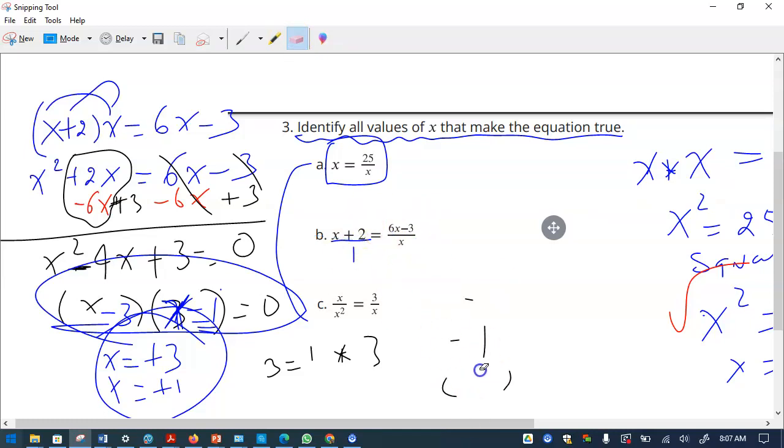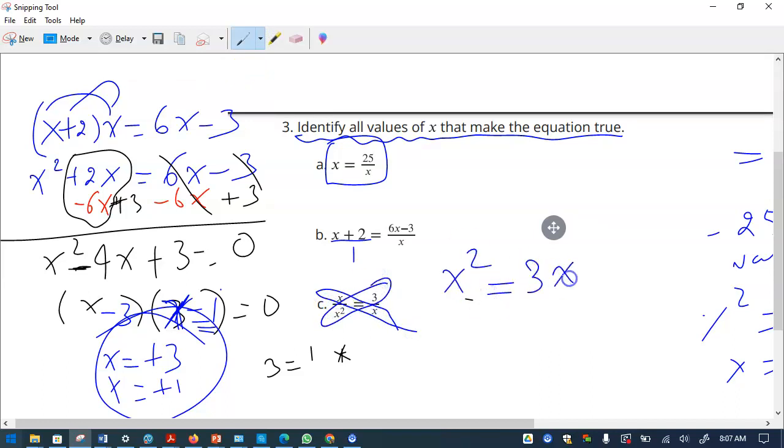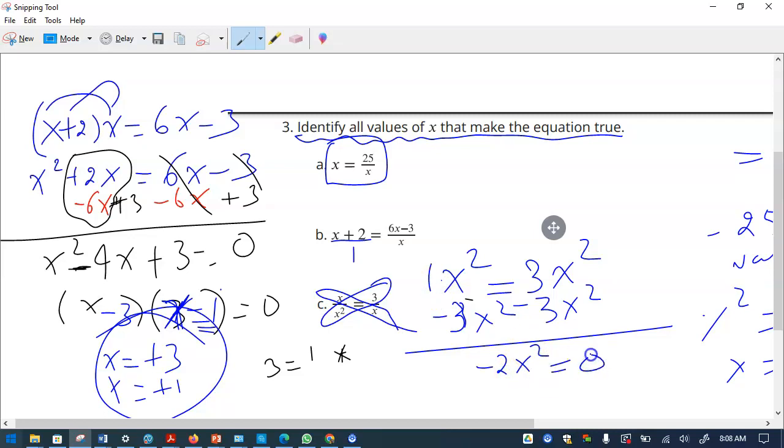You see the third question is, we can use the cross product here. X times x is x squared, and 3 times x is 3x squared. Now you subtract 3x squared from both sides. So this will be x squared, and this is 1, so 1 minus 3 is minus 2x squared equals 0.